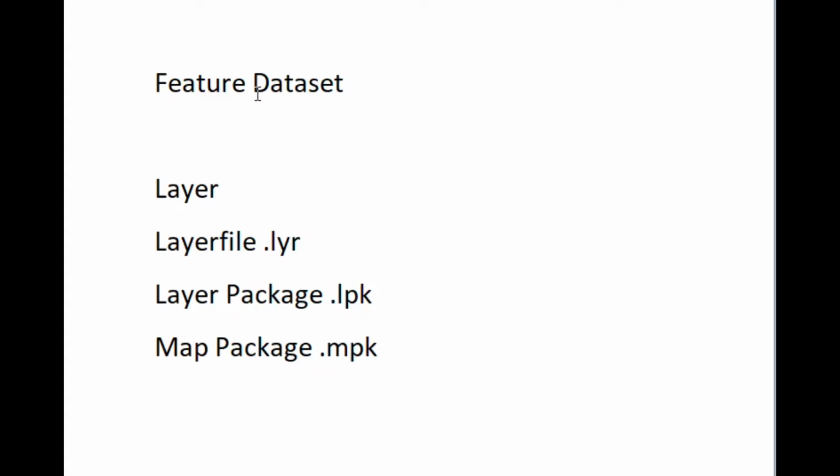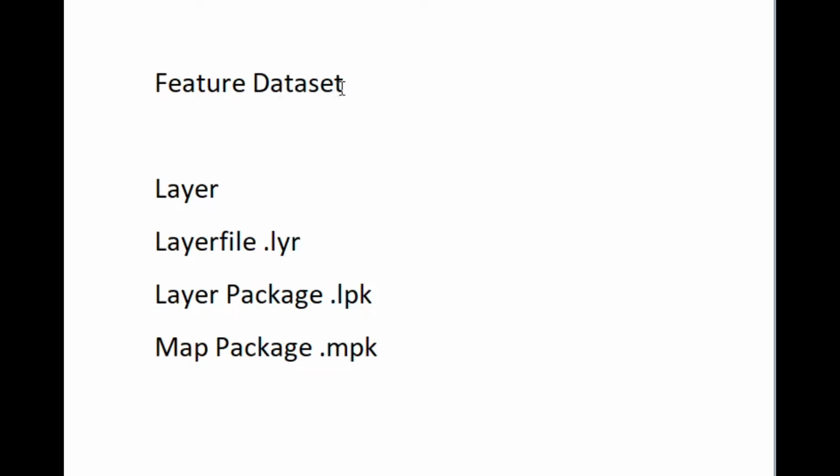Most people put folders in their file cabinet, and that is similar to what you can do with a geodatabase, where you can include what's called a feature data set. So a feature data set is not a feature class. It's simply like a folder that can hold feature classes.